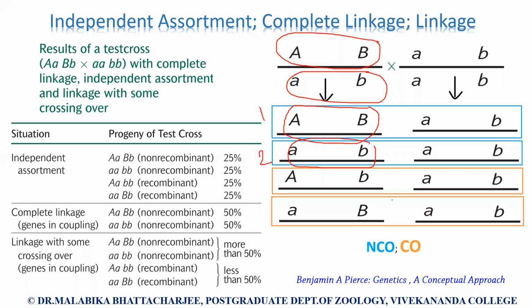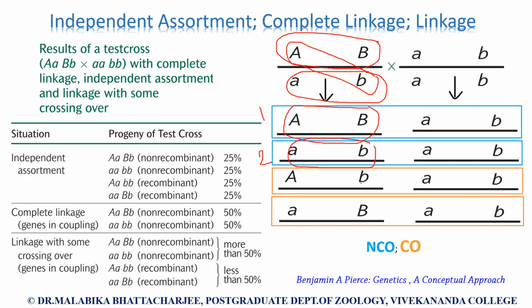Now, if we look into the other 2 cases, capital A, small b, none of the parents exhibit this allelic combination. So there has been a crossover at some point.